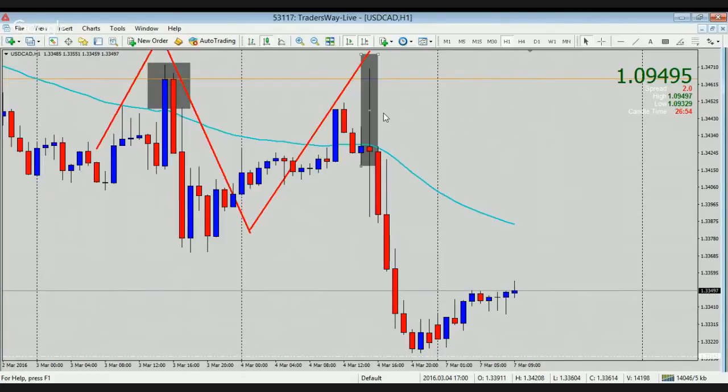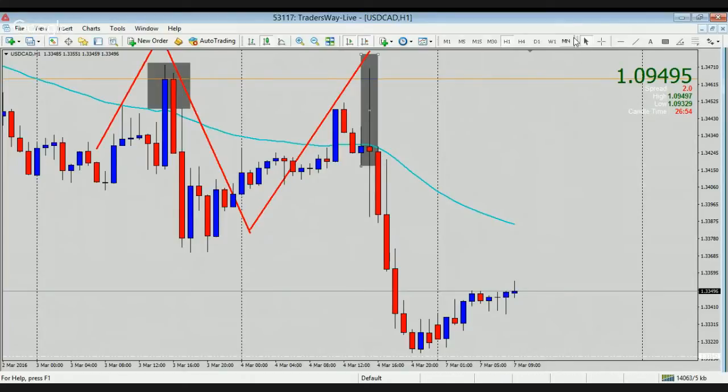So this wicked it, did not break it, came down, formed an engulfing candle. So now what happens? After this candle closes and confirms that it is an engulfing candle, you take entry. Okay, you take entry.